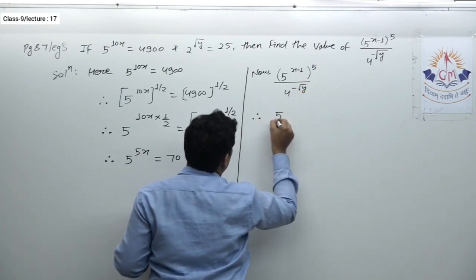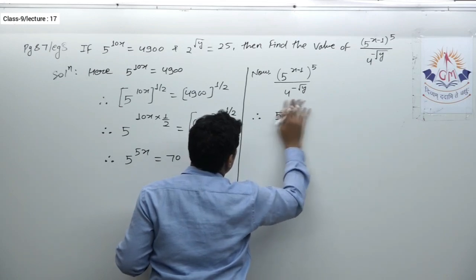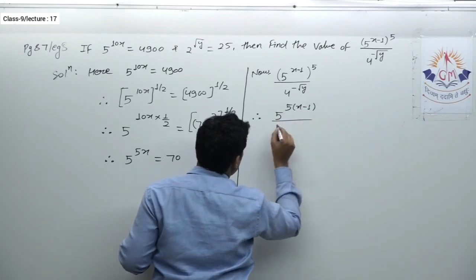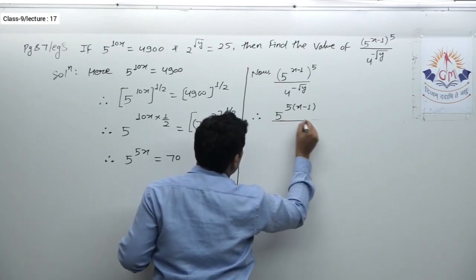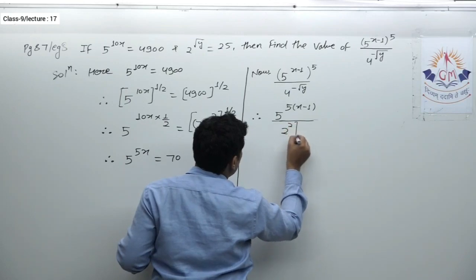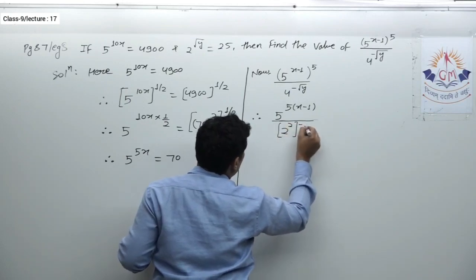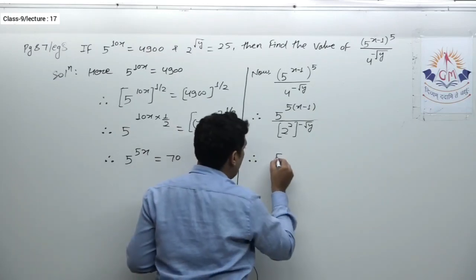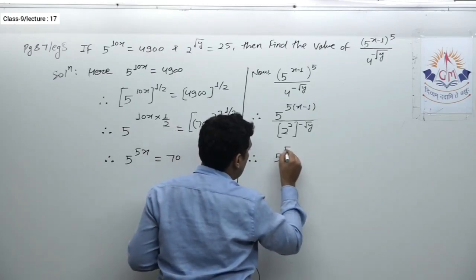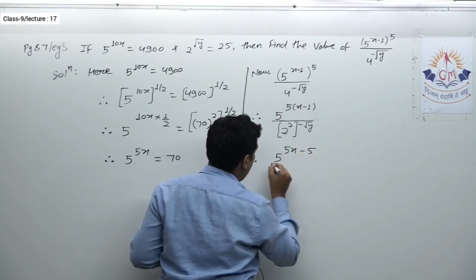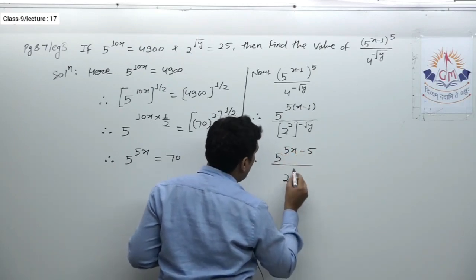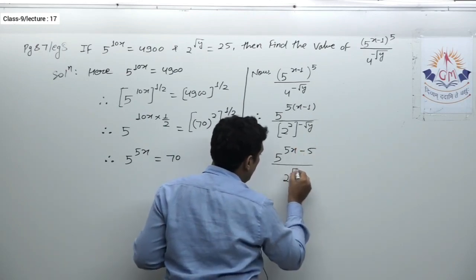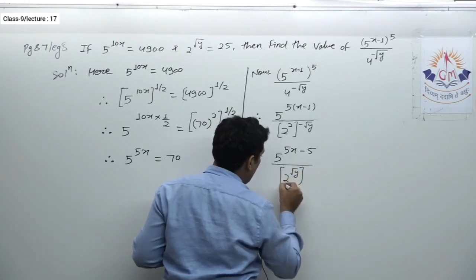This becomes 5 raised to 5 multiplied by x minus 1, upon, instead of writing 4 I can write 2 squared raised to minus root y. This further can be written as 5 raised to 5x minus 5, and over here, power to power, I can write 2 raised to root y, and here minus 2.